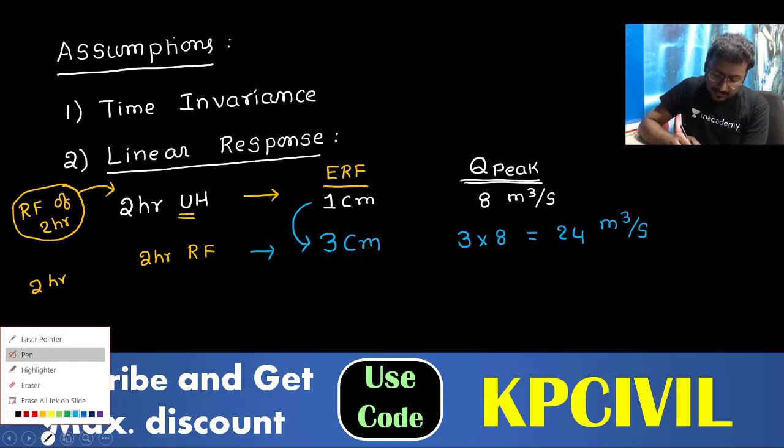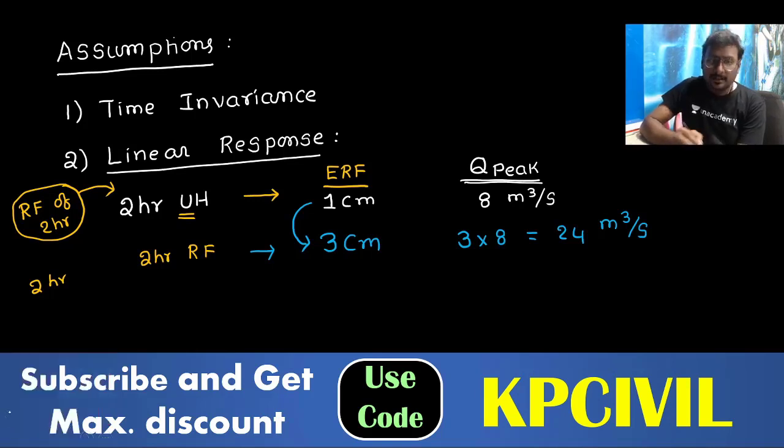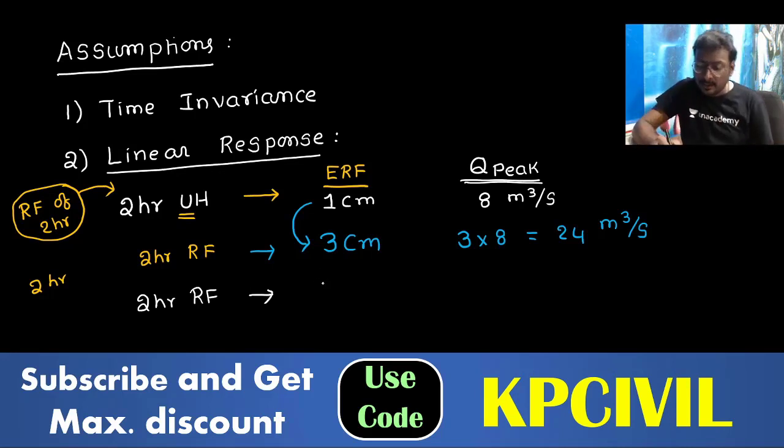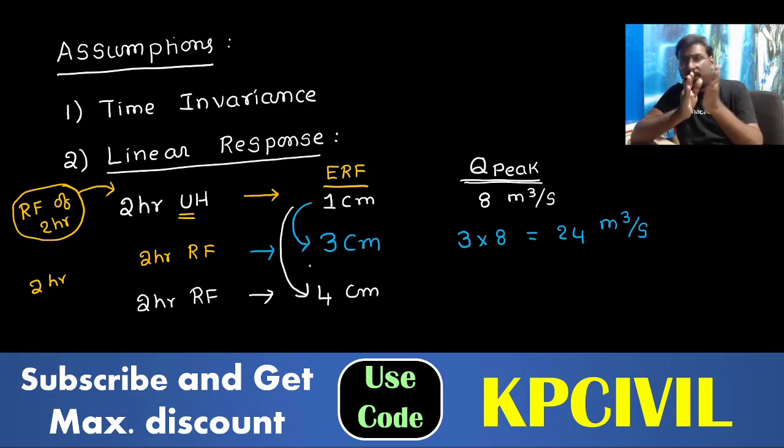After 1 year, in the same catchment, again another 2-hour rainfall occurred and produced 4 centimeter effective rainfall instead of 1 centimeter.